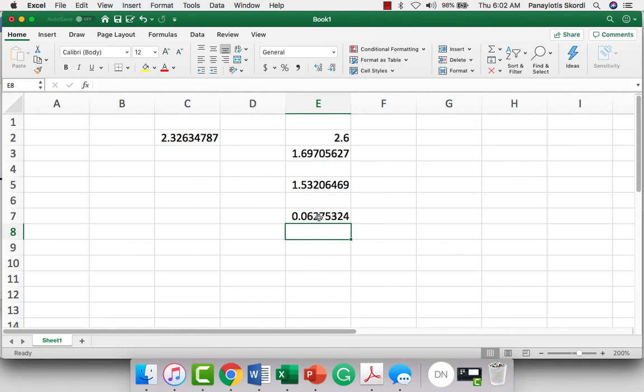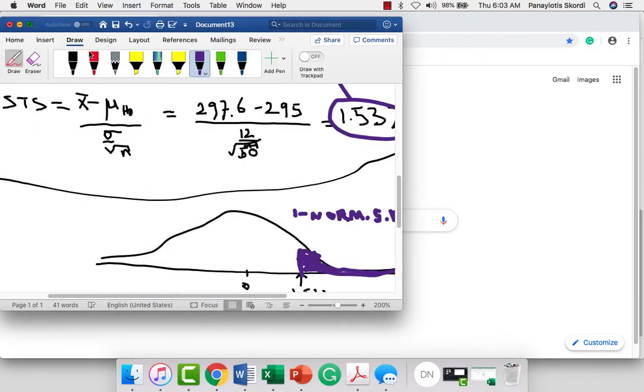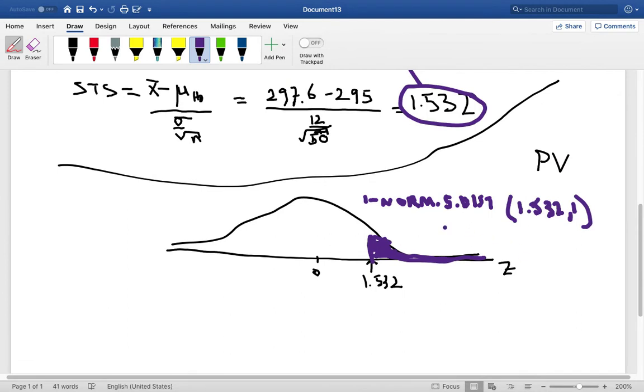This is the value it gives us. If we want to turn that into percentage, I can just press percentage up here. And I can increase the decimal places to 2 decimal places by pressing this key up here. So it's 6.28%. So let's now go back and say that this value is 6.28%.